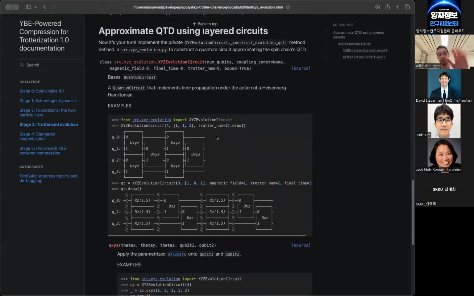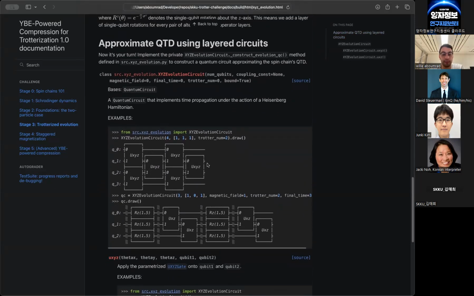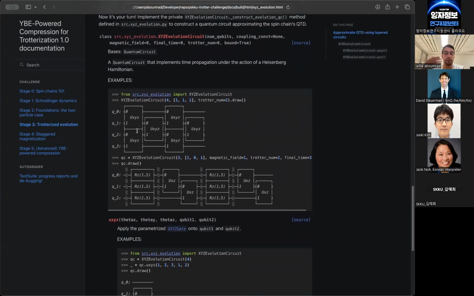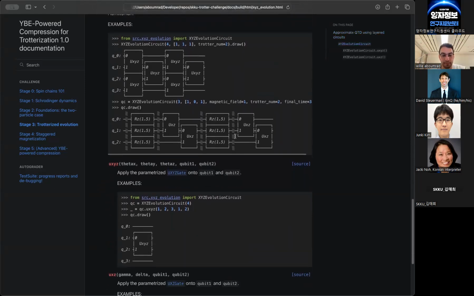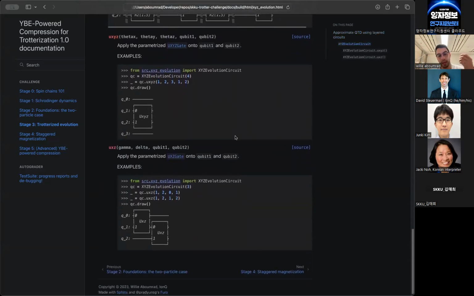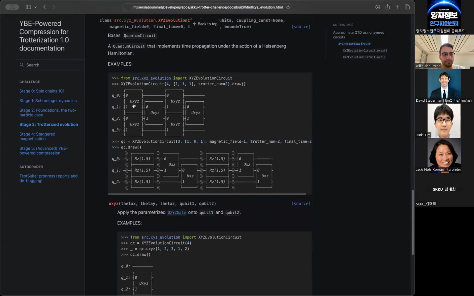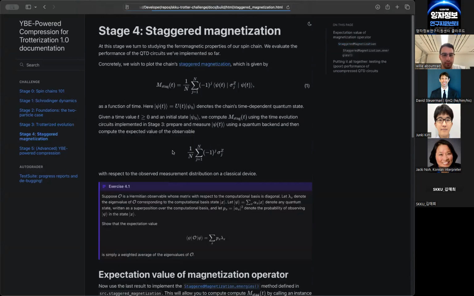Anyways, the implementation challenge here was to set up your circuit so that you lay down these blocks in a brickwork fashion, leveraging the gates that you've previously implemented. Now, why are we doing this, or what's the proof of concept here? Well, we're going to use this to measure a physical property of the system.